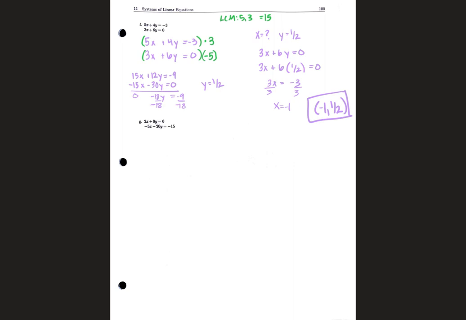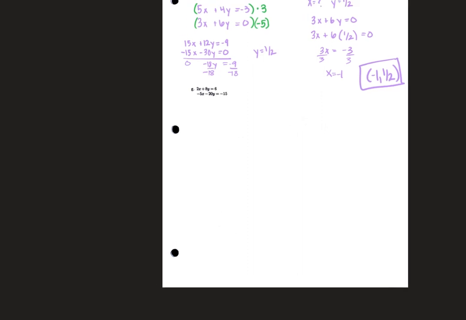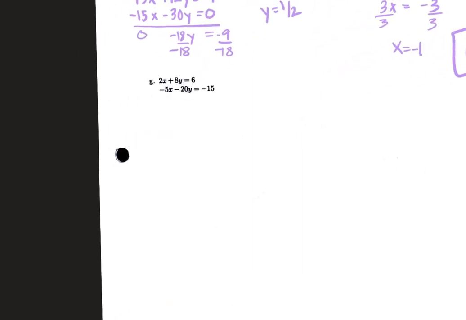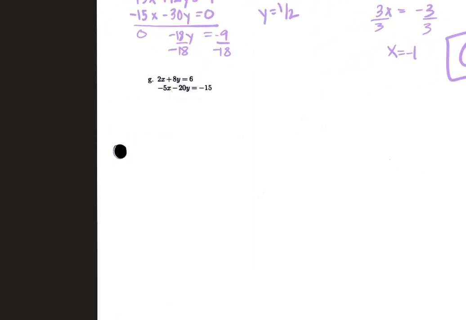So if you would have done it the other way, you would have just gotten your x value and then had to solve for the y value. All right, so I just Photomath checked it and we are good. These are really good problems to check using Photomath because it will even kind of show you the steps.